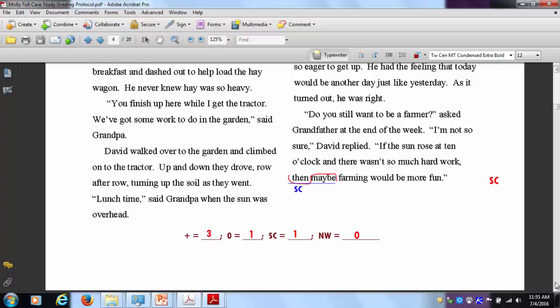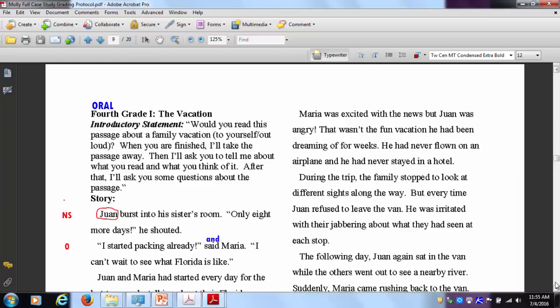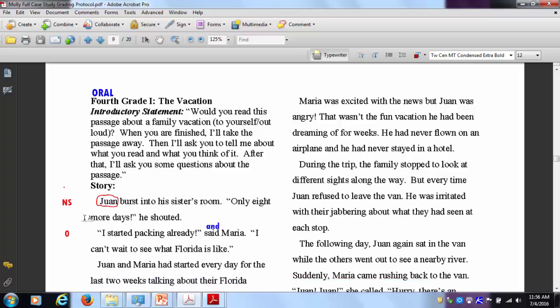In order to do that, we're going to have to move all the way to where we began working on our own. All right, so let's talk about your coding on that sheet. Did you realize that this was an NS? It's non-scorable, okay?